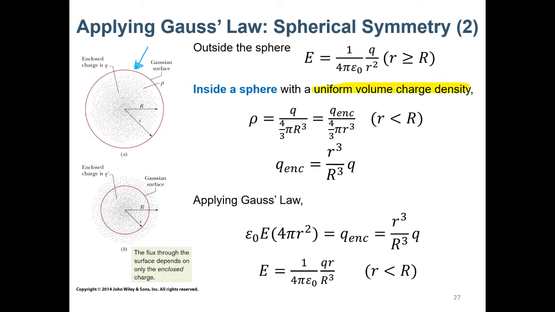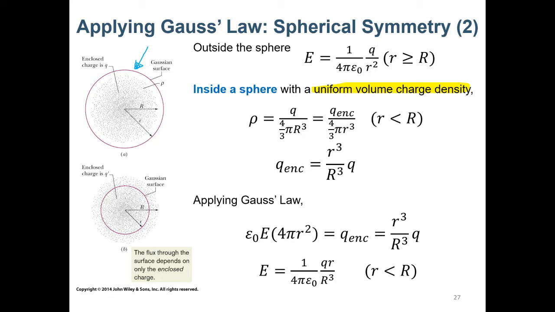In this case, the E field inside this sphere will not be zero. For a conductor, all the charge will distribute on the surface, so there will be no E field inside the conductor. But here there will be an E field, so we try to calculate it using Gauss's law.